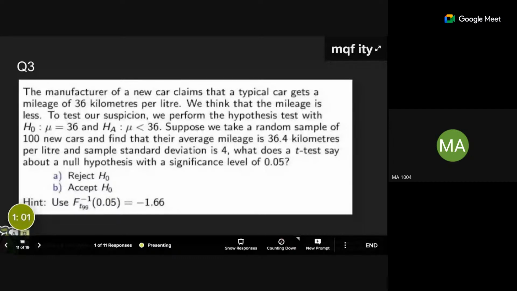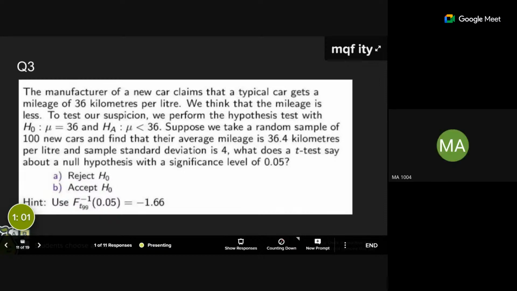And can anyone say why we are using t-test here? Why not z-test? Standard deviation is not given, ma'am.